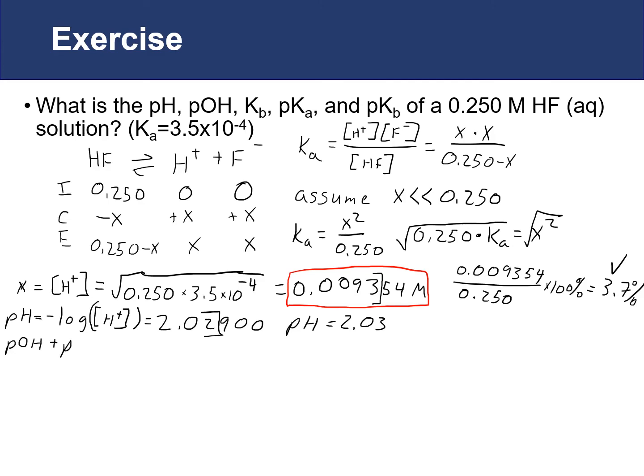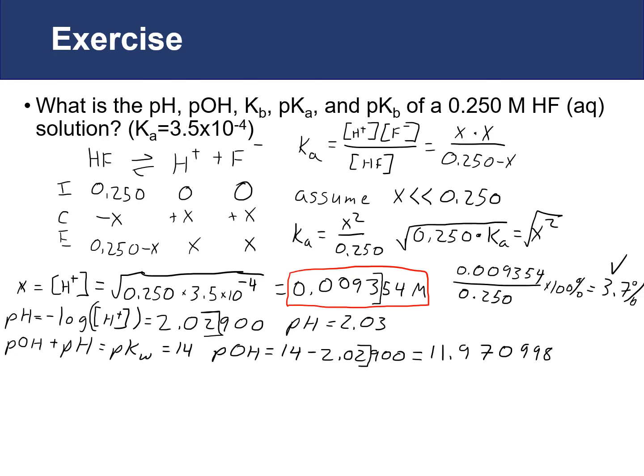Now that we have the pH, we can figure out what the pOH is, because pOH plus pH is equal to our pKw, which is 14. And so our pOH would be equal to our pKw, 14, minus our pH, which is we'll use the 2.02900. That will give us 11.9709998.